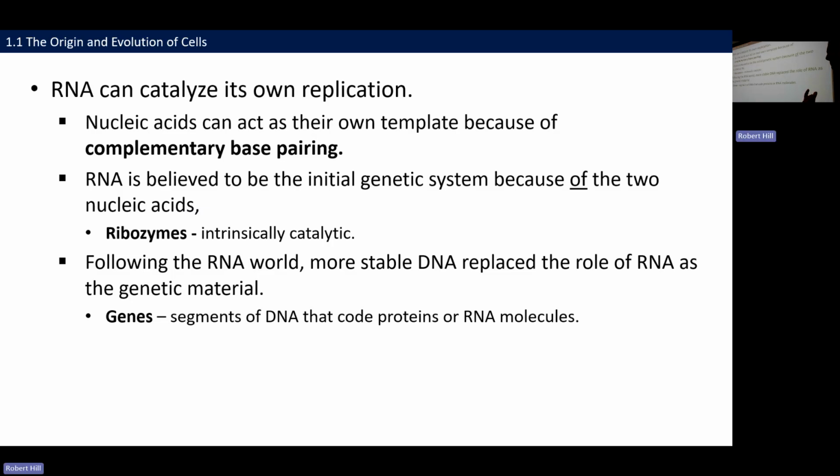As cells started to develop, you need to have some sort of way of passing information down from parent cell to daughter cell. So what's the information molecule that we know of today that provides all the genes for us? DNA, right?